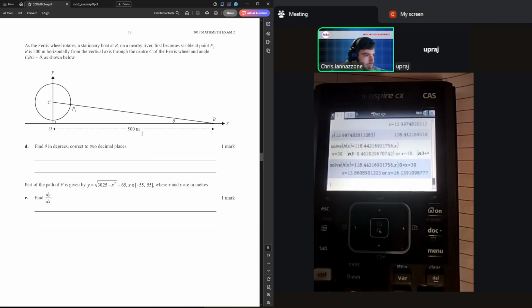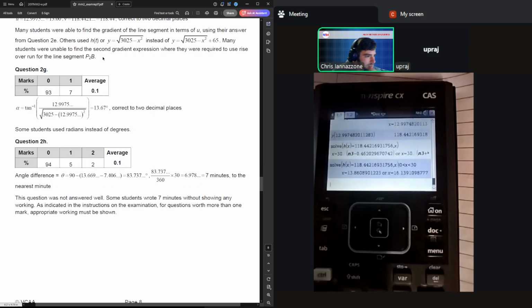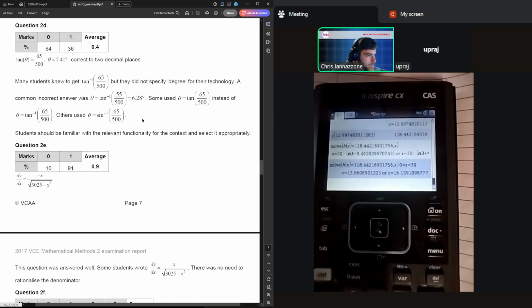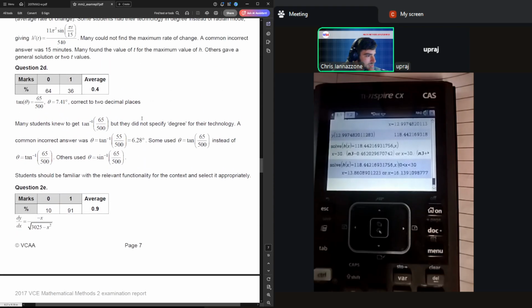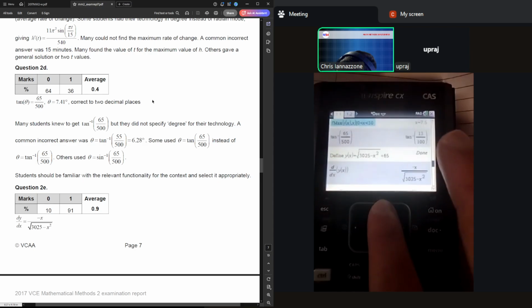Then as for getting our P1, once again, as I said, we're just going to be doing the equation of the line BC. First we've got to get our theta off of that. So where was theta? Theta was 7.41. So that's that tan inverse. Find where that was. There we go.